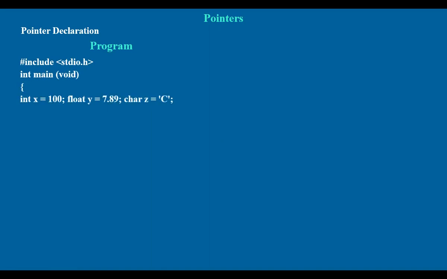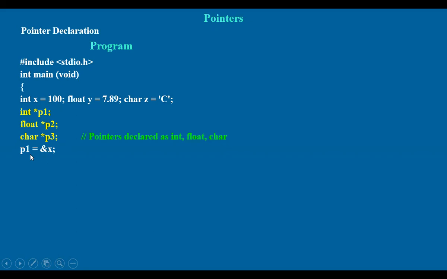We have taken the same three variables and now declared P1, P2, P3 in a different way. Earlier we declared them as integers. Now we are declaring them as integer, float, and character, because they are carrying different values.